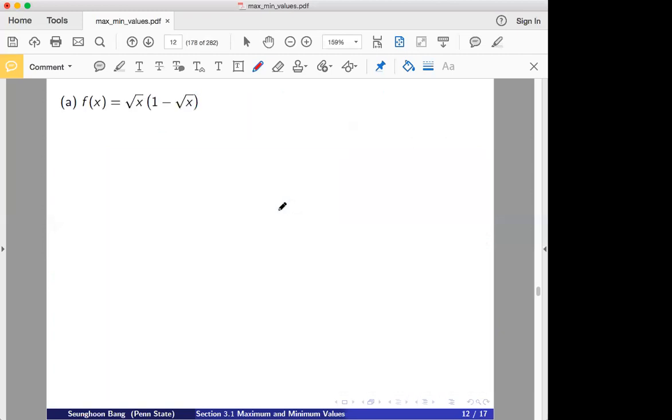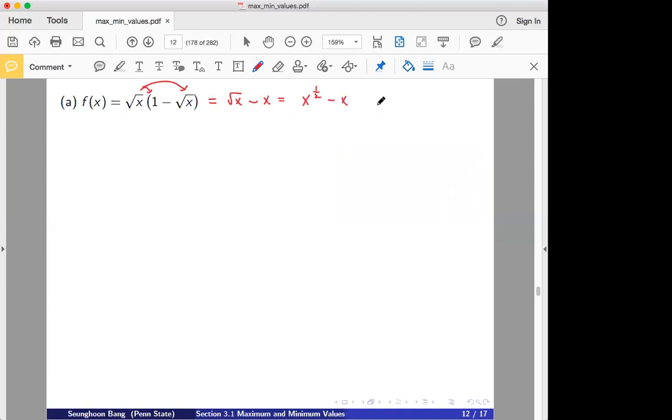The first one, f of x equals the square root of x times 1 minus root x. I distribute the square root of x to the first and the second term. We have root x minus the square root of x times the square root of x, which is x.